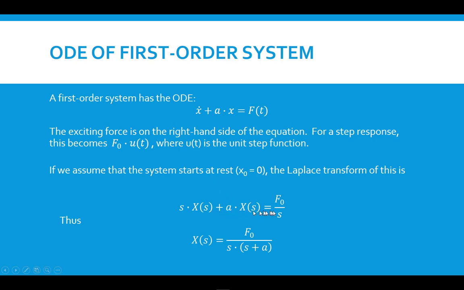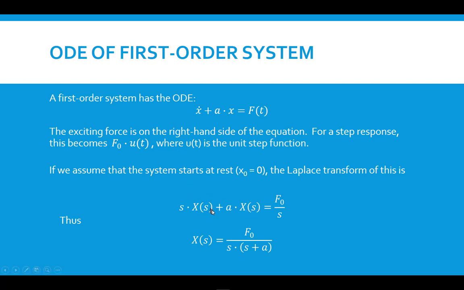So we wind up with this algebraic expression in s, rather than an expression in the time domain that involves derivatives. Basically, what the Laplace transform does is convert an expression that expresses a physical law in the time domain into an algebraic expression in the s domain.